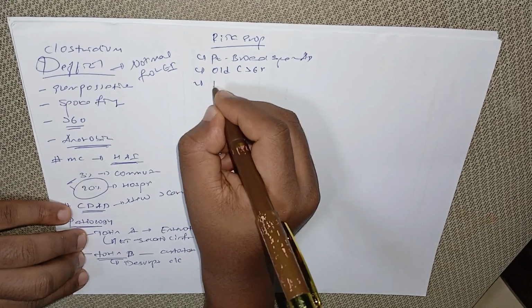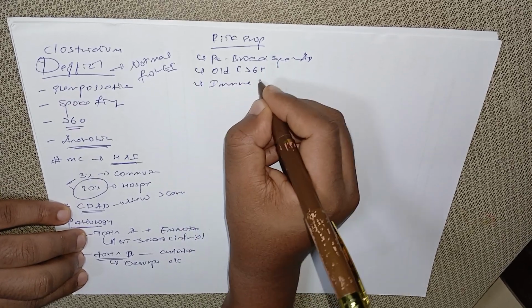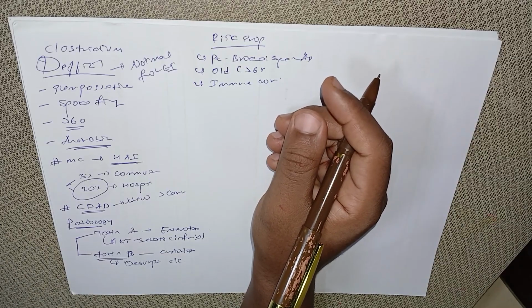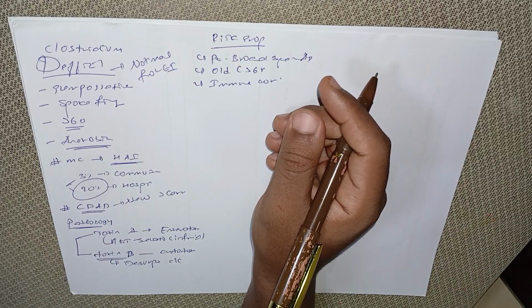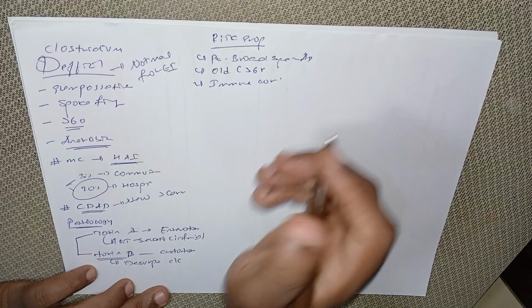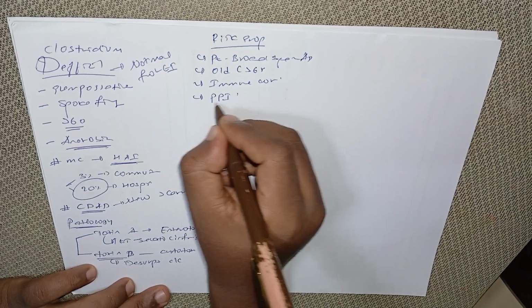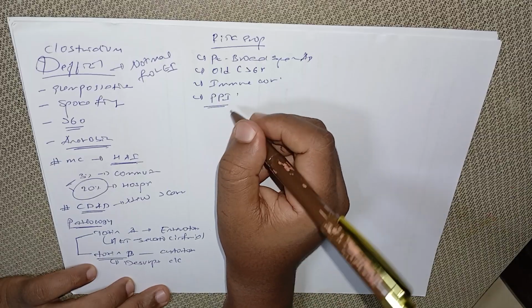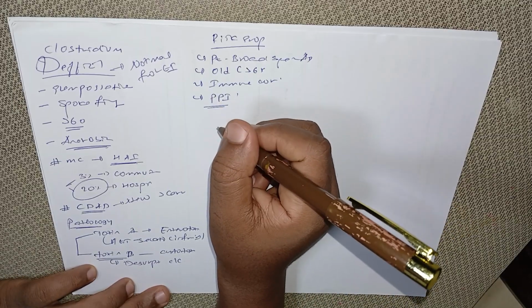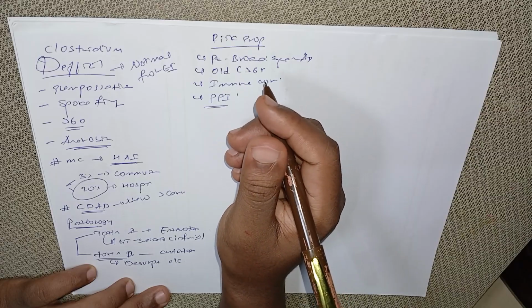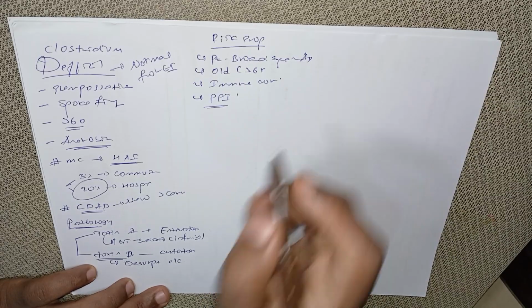Another is immunocompromised patients, such as those with diabetes mellitus, HIV/AIDS, or prolonged steroid use. Another and most important one is patients with chronic use of proton pump inhibitors, for example for dyspepsia. Because we are suppressing the acid, we are creating a favorable environment for Clostridium difficile.